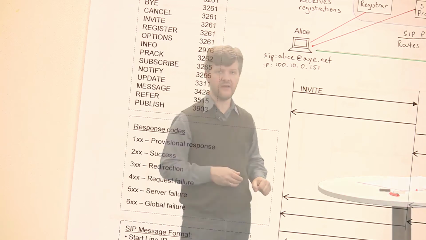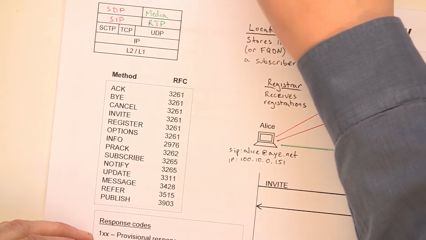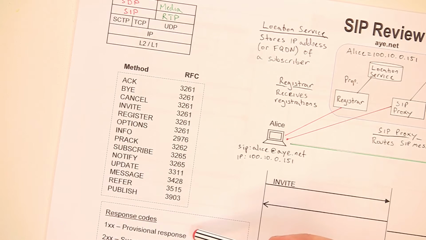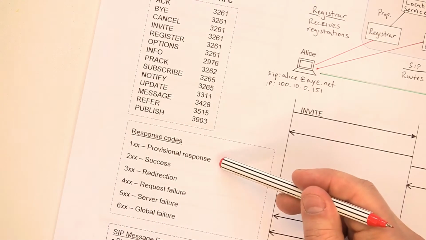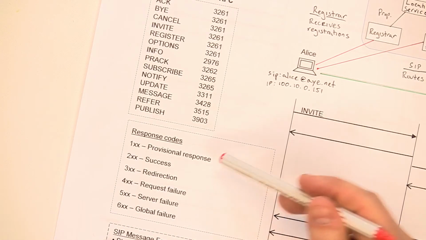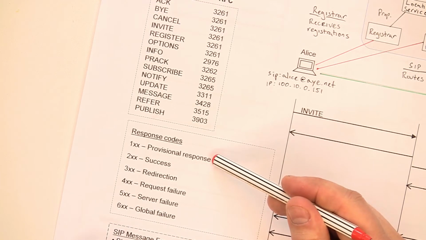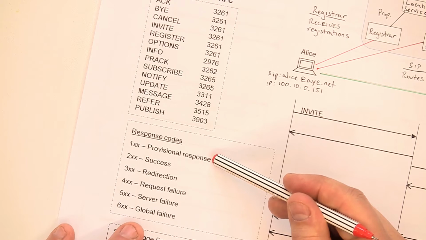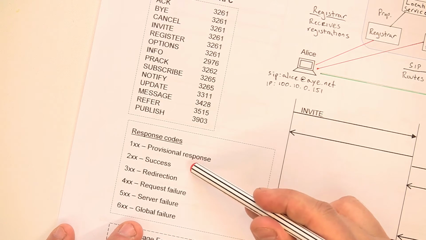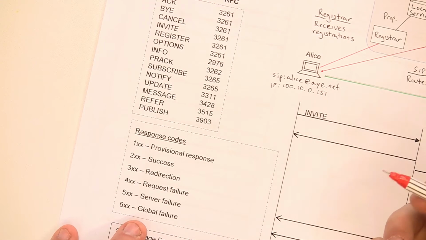And if we want to group these things together a little bit, we can see that the 100 series of responses here is called provisional response. That's because it's not final. All the others are final. Provisional response means just, here's a response while we're waiting for the final response. So the 200s, 2XX, meaning everything that begins with a 2, is the final successful response.